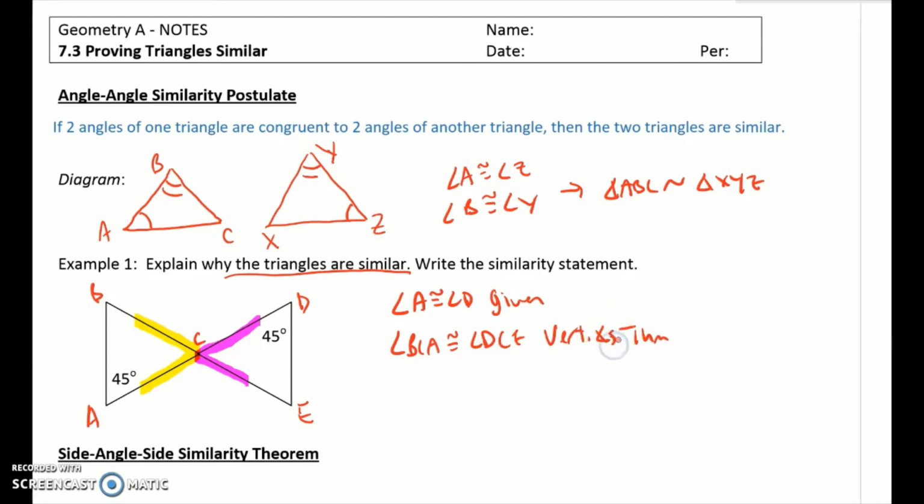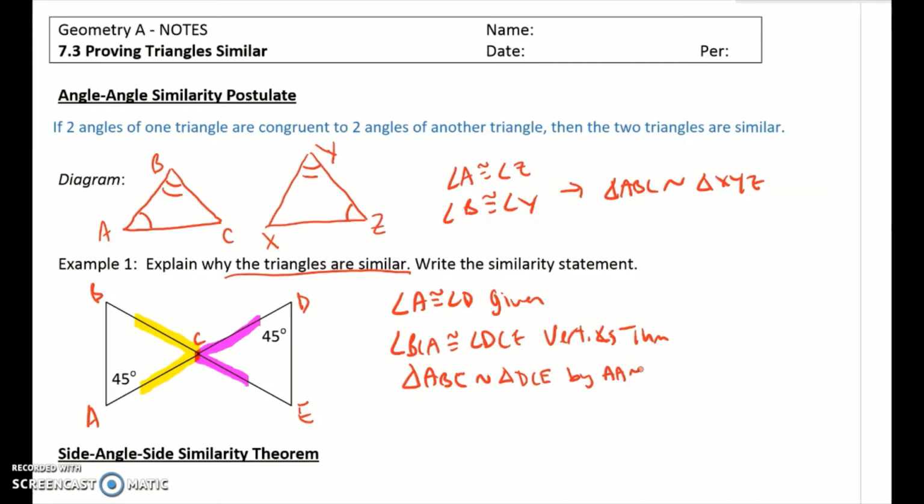All right, and then we can say that triangle ABC is similar to triangle DCE by angle-angle similarity. Right?